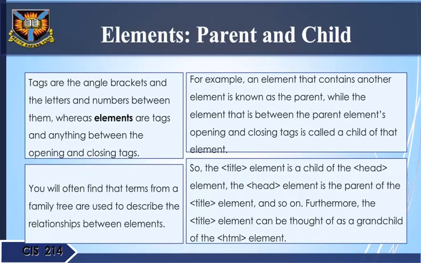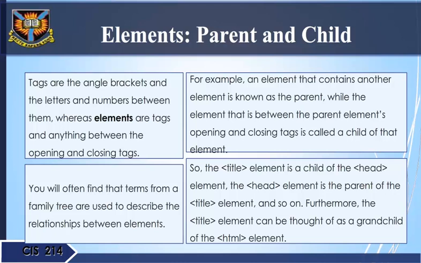Element, parent, and child. Tags are the angle brackets and the letters and numbers between them, whereas elements are tags and anything between the opening and closing tags. You will often find that terms from a family tree are used to describe the relationships between elements.